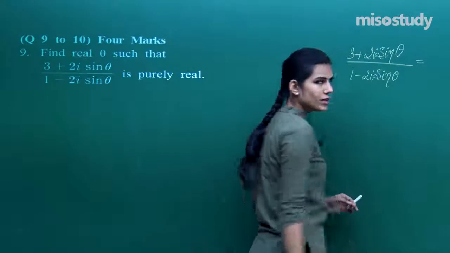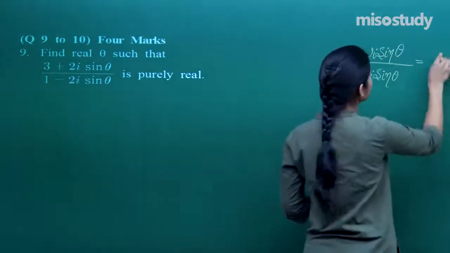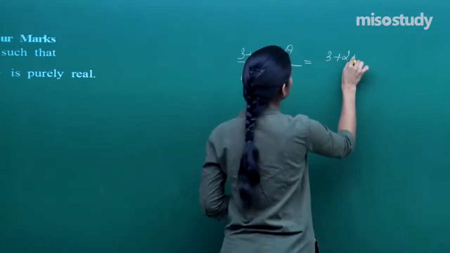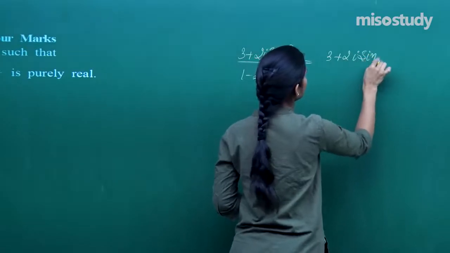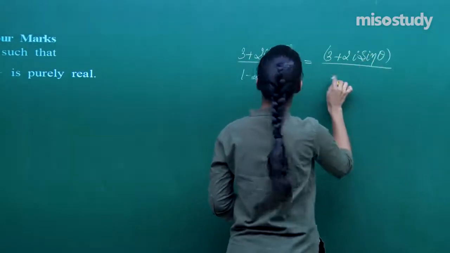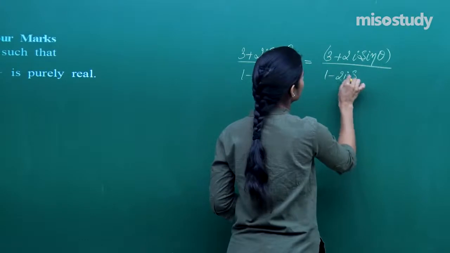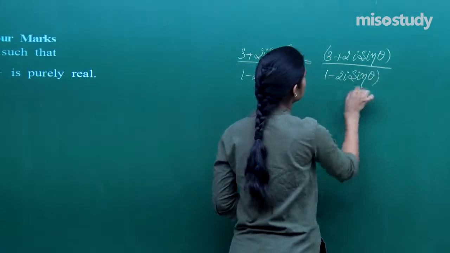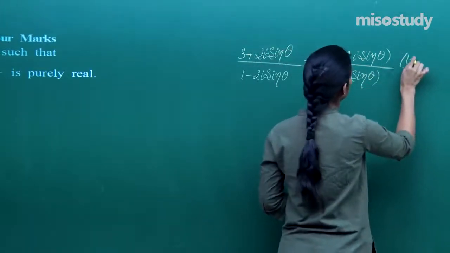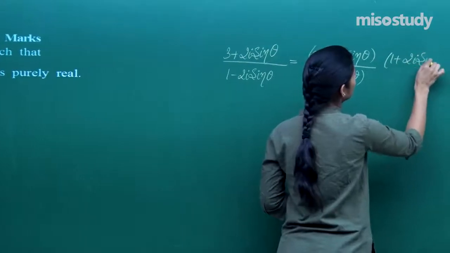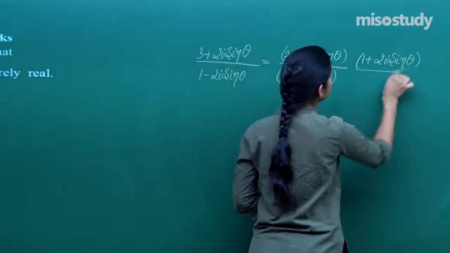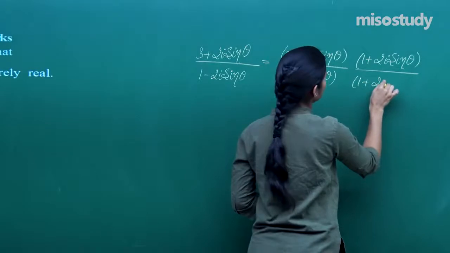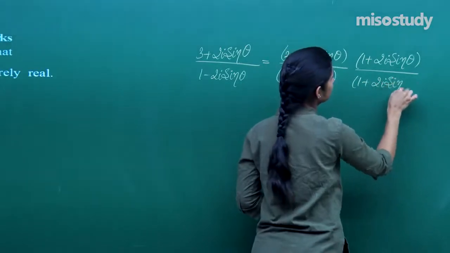Now, clearly the only thing which directly pops up in the mind is you multiply and divide by the conjugate of the denominator. This is 1 minus 2 iota sine theta, 1 plus 2 iota sine theta, and this is again 1 plus 2 iota sine theta.